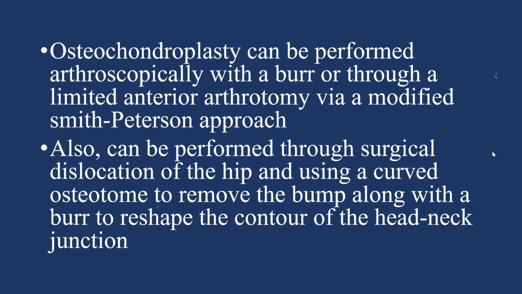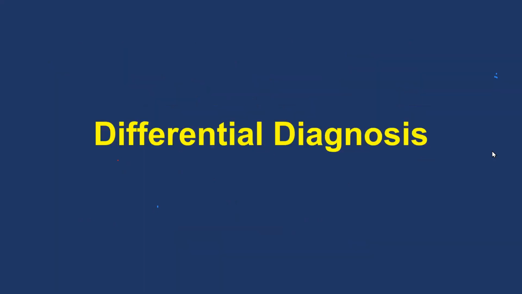Osteochondroplasty can be performed arthroscopically with a burr or through a limited anterior arthrotomy via a modified Smith-Petersen approach. Also, it can be performed through surgical dislocation of the hip and using a curved osteotome to remove the bump along with a burr to reshape the contour of the head-neck junction.